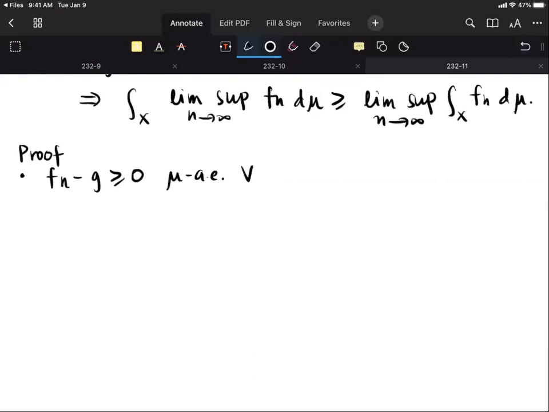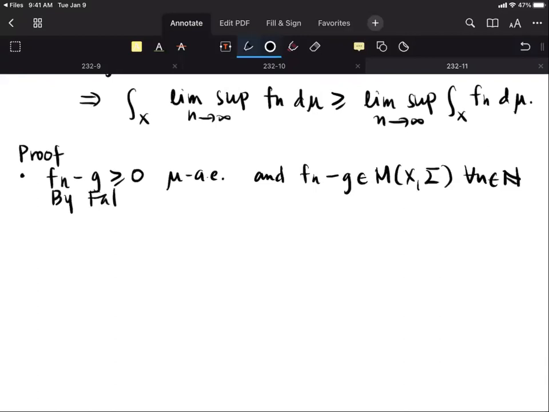And we note that the difference of two measurable functions is also measurable. We now apply Fatou's lemma to this new sequence f n minus g.